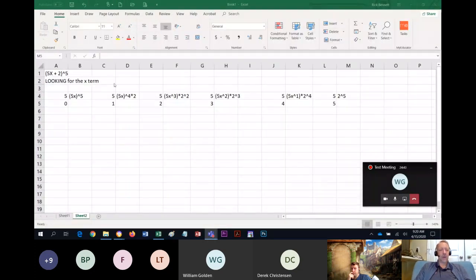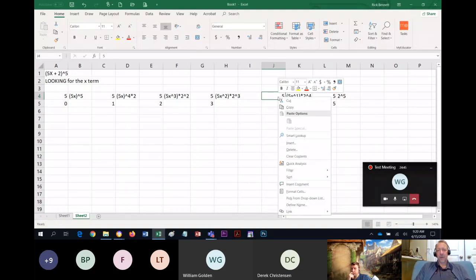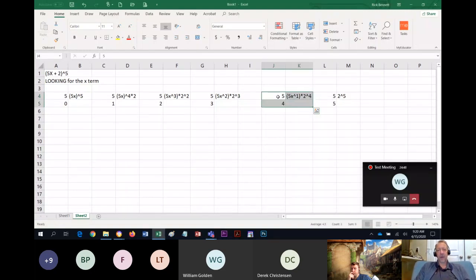As we're looking at it, we're looking for the x term. Well, this would be the x term right here. So that's the one we're going to pay attention to. So 2 to the 4th, I think, yeah, is 16. So I'm going to have a 16 times a 5, which is 80. And then I need to, and I'm pretty sure this is a 5.